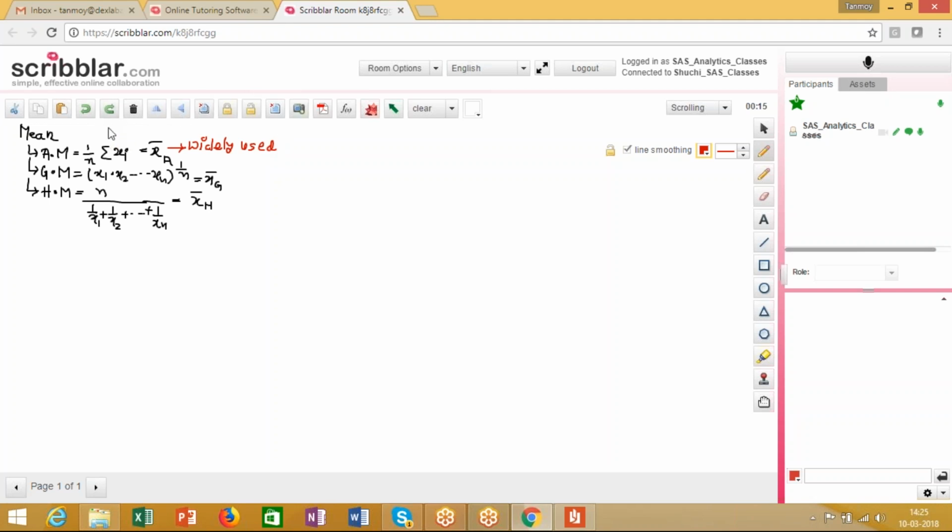Basically, arithmetic mean is used if a series of observations is in arithmetic progression, in AP.